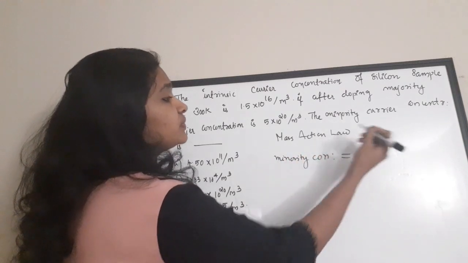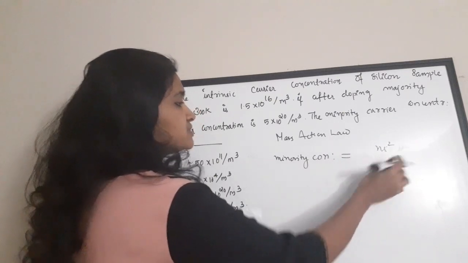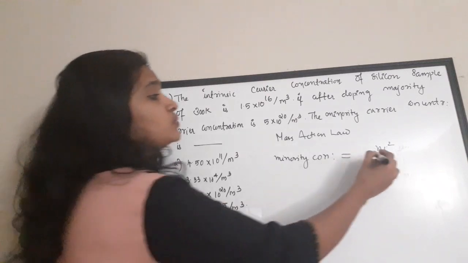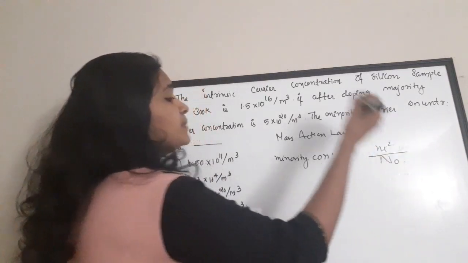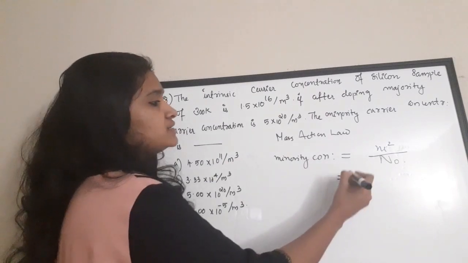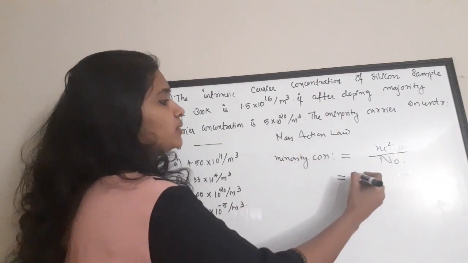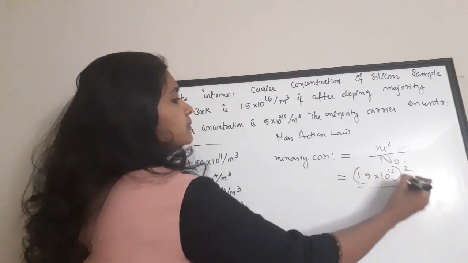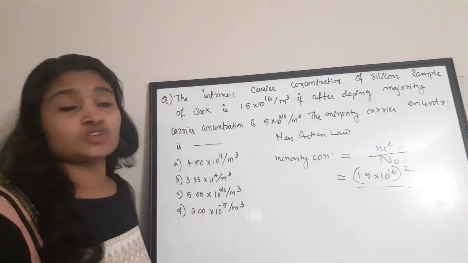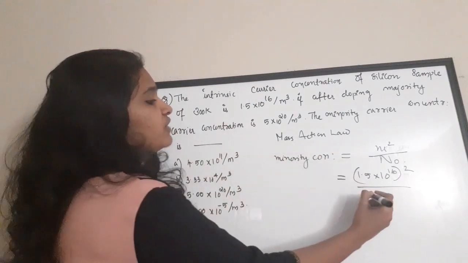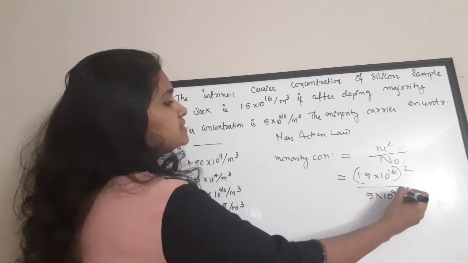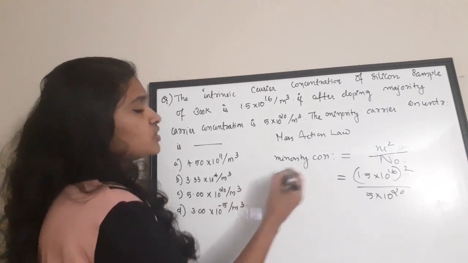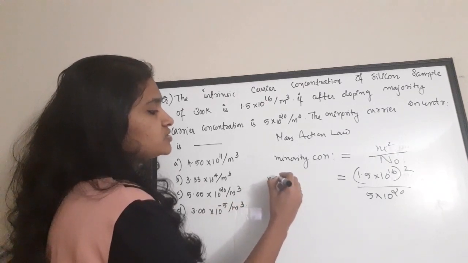The minority carrier concentration is equal to ni square, that is intrinsic carrier concentration square, by doping concentration or majority carrier concentration. So what is ni here? It is 1.5 into 10 raised to 16 the whole square, by the majority carrier concentration, which is 5 into 10 raised to 20.